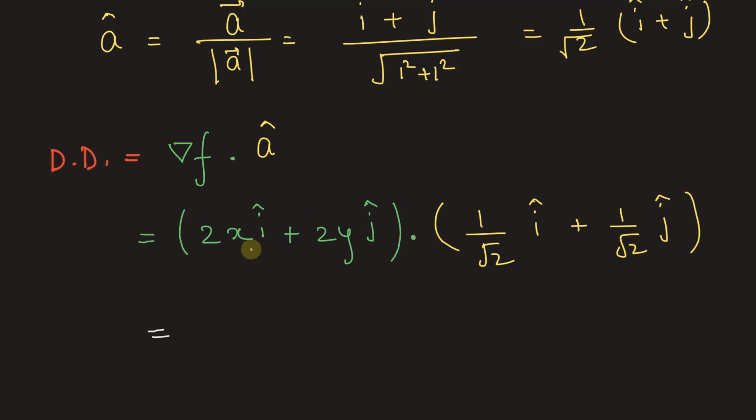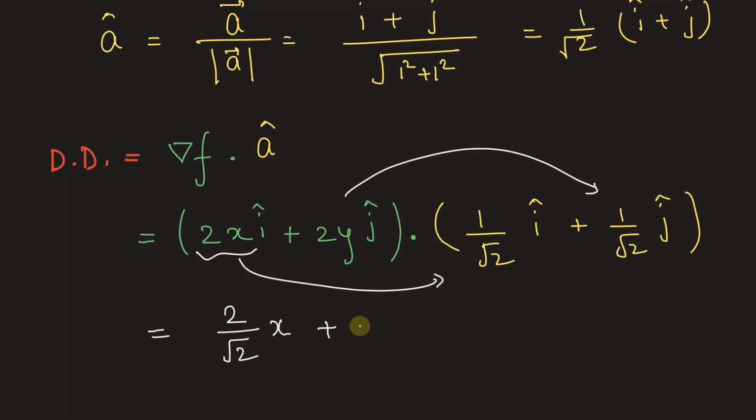For the dot product we multiply i cap with i cap, so the same direction multiplication we do. So this will become 2 by root 2 x plus 2 by root 2 y. So this is the directional derivative, or I can write grad f dot a cap.